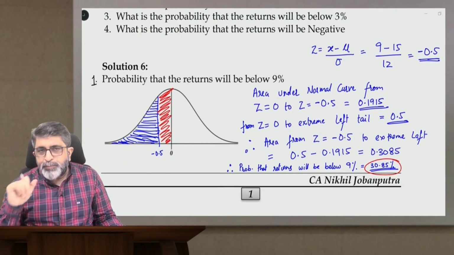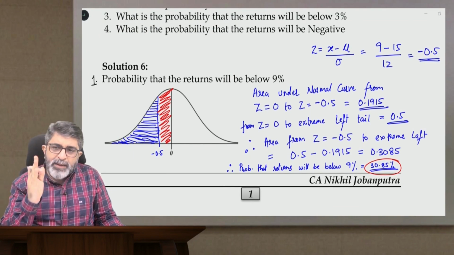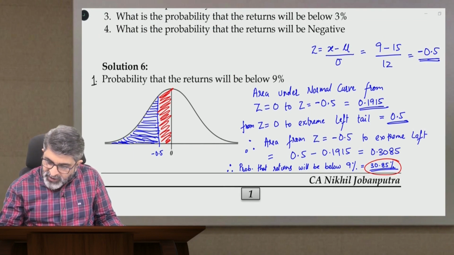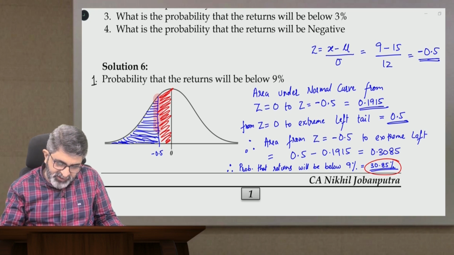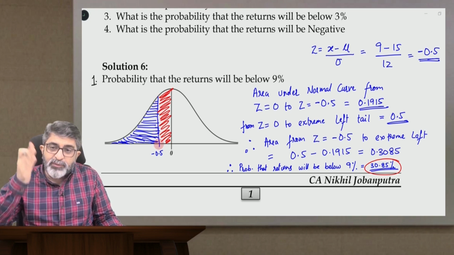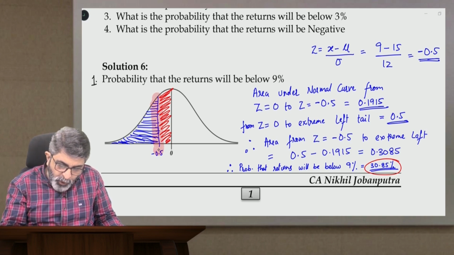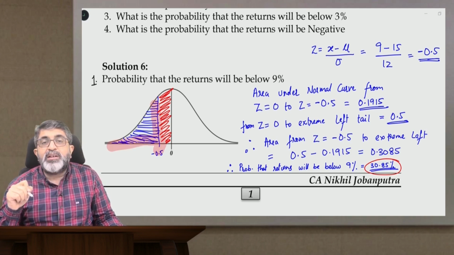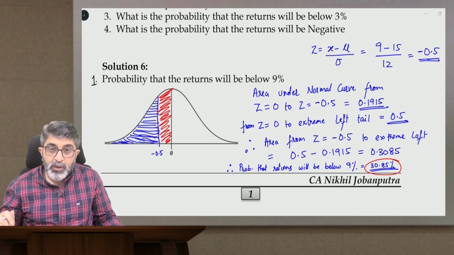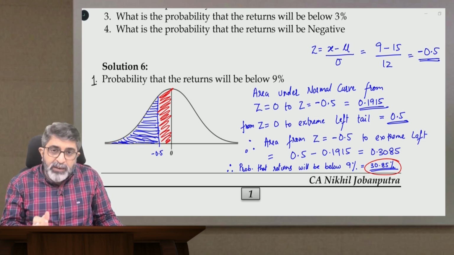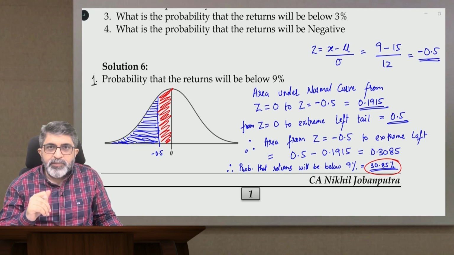Below 9%, we first identify where that 9% line would come. It is at negative 0.5. Below 9% means we want the area from that line to the extreme left, correct? From negative 0.5 to extreme left.